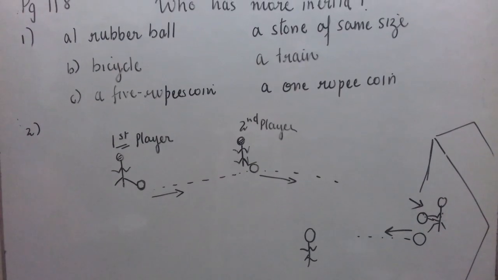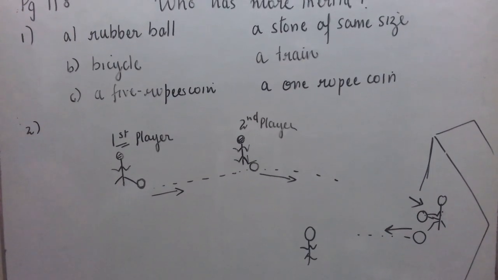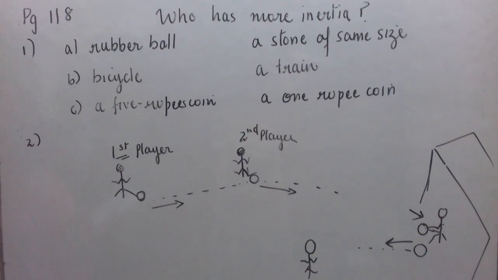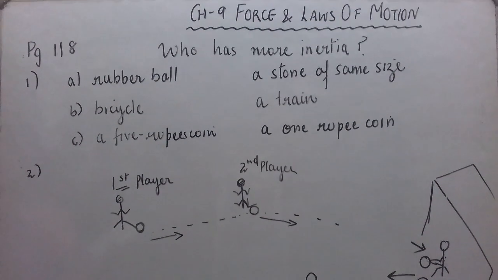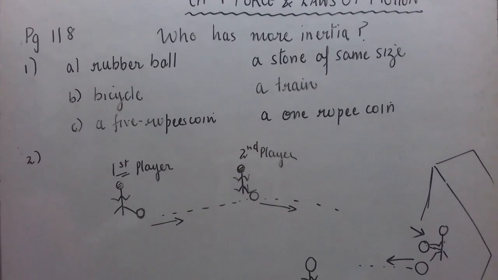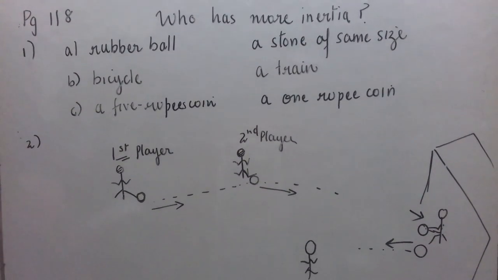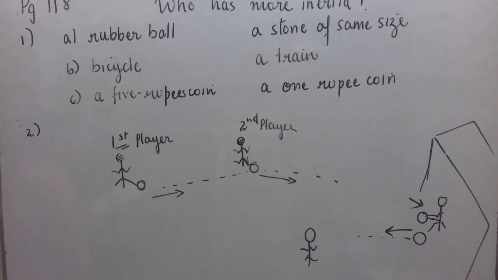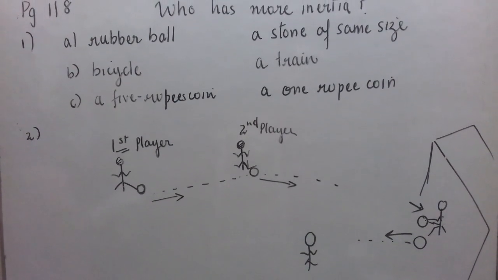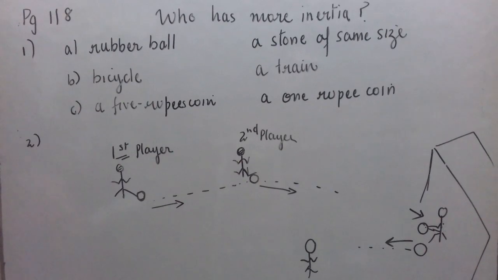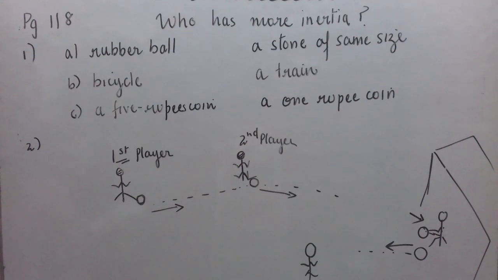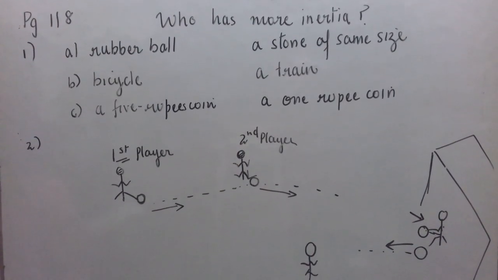Now I'll read the third question. Explain why some of the leaves may get detached from a tree if we vigorously shake its branch. Again, this is based on Newton's first law of motion only, that is inertia. When we vigorously shake the branch, the branch will come into motion, and some of the leaves tend to remain at rest due to inertia of rest.